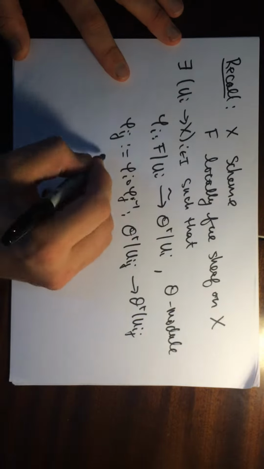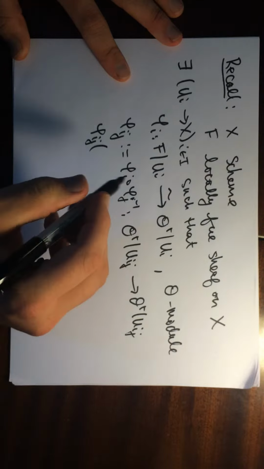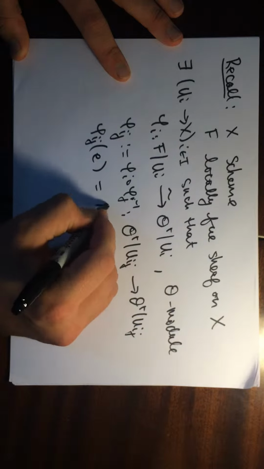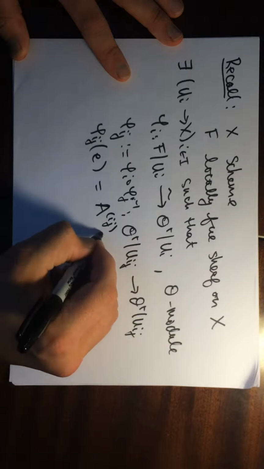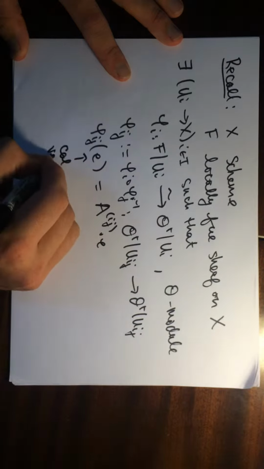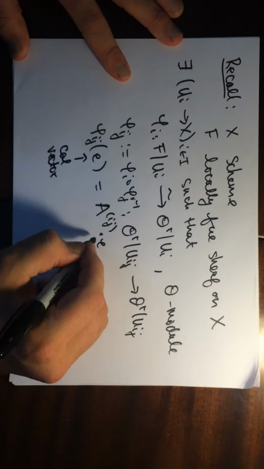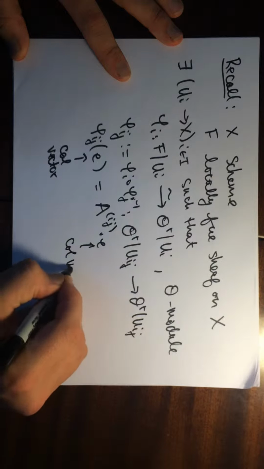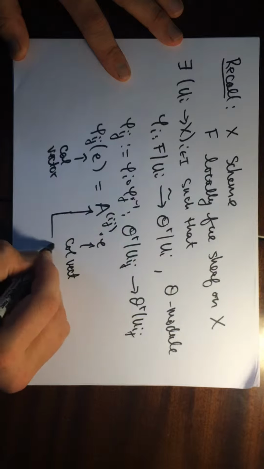So phi_ij acting on some E, which we view as a column vector, will be equal to A^ij times E, where this is matrix multiplication.